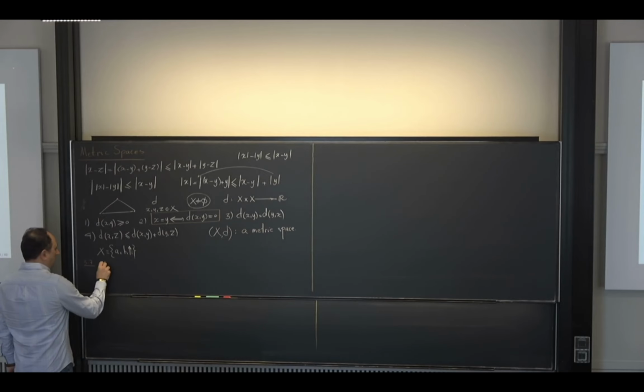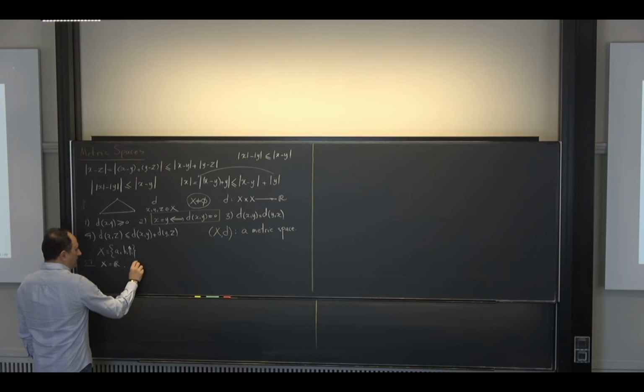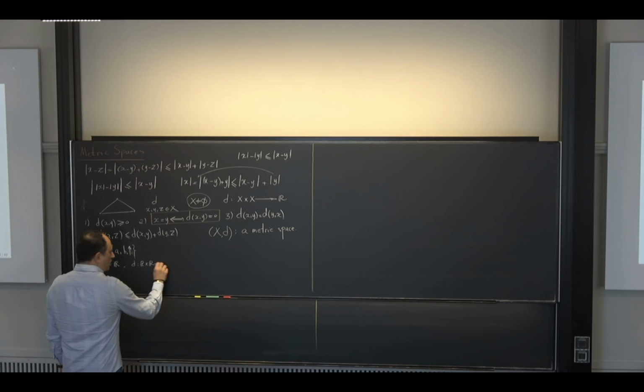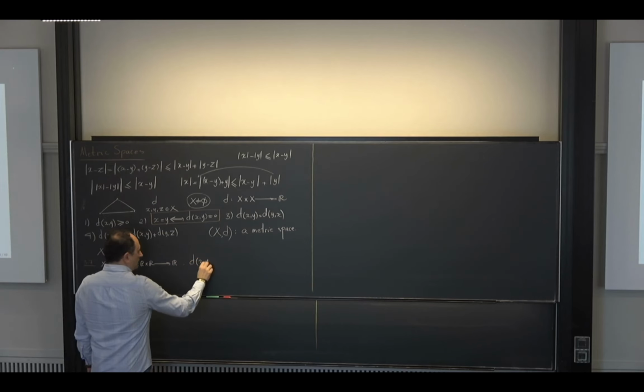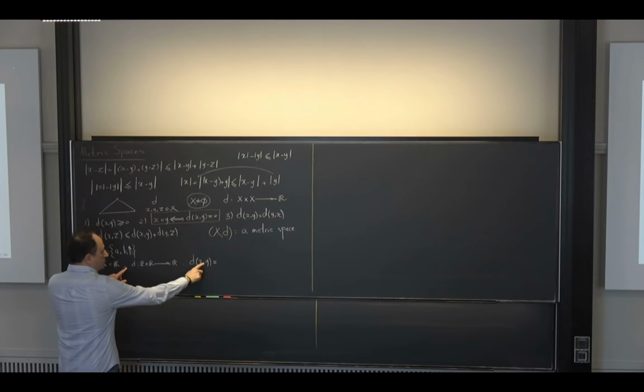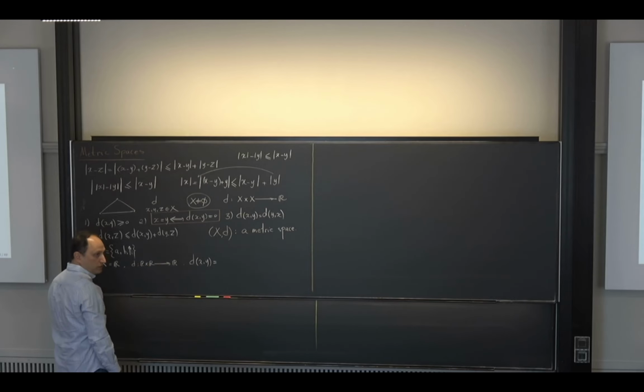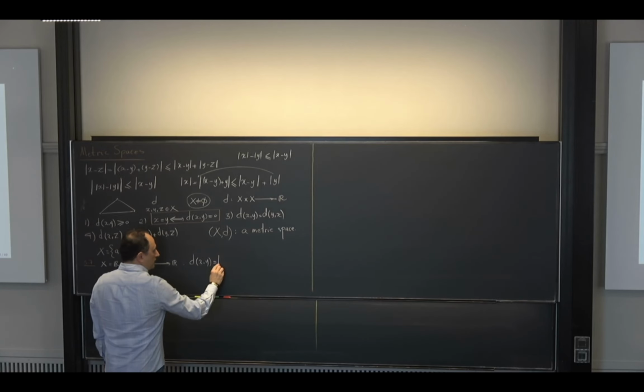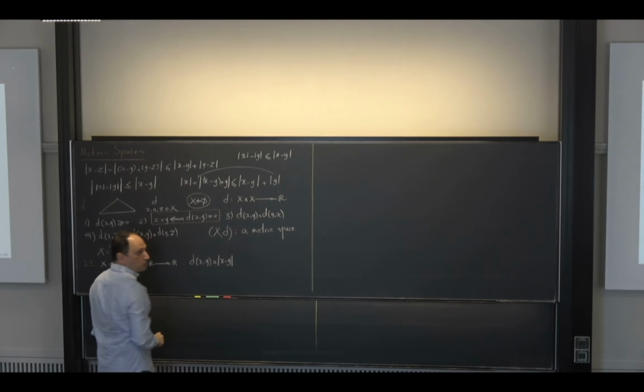The underlying set, or sometimes we can say the ambient space, X is R and d is defined from R to R again. How? d(x, y). So in this language, x and y are coming from the domain. This means x is coming from R, so x is a number. y is also coming from R, also a number. The output should always be a number, and the number is defined in this way.